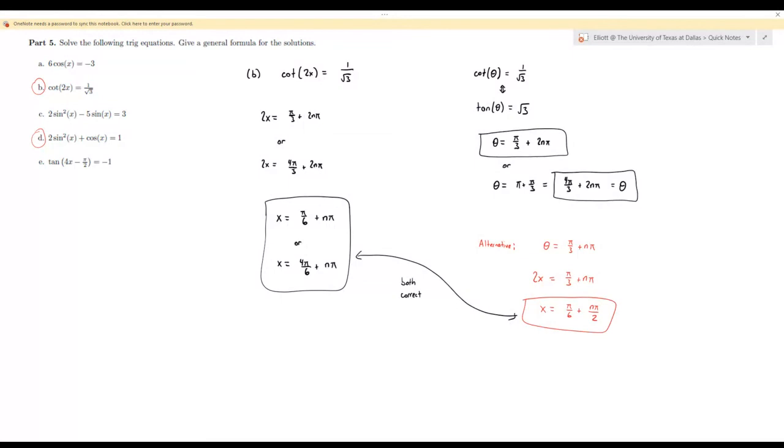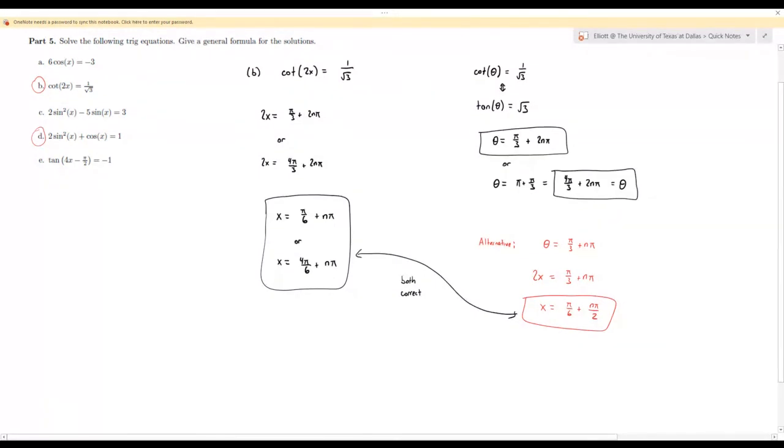Yeah, okay. So here, for tangent and cotangent specifically, since they have a period of pi, there was no need for me to find the two angles from 0 to 2 pi and then add 2n pi to that.